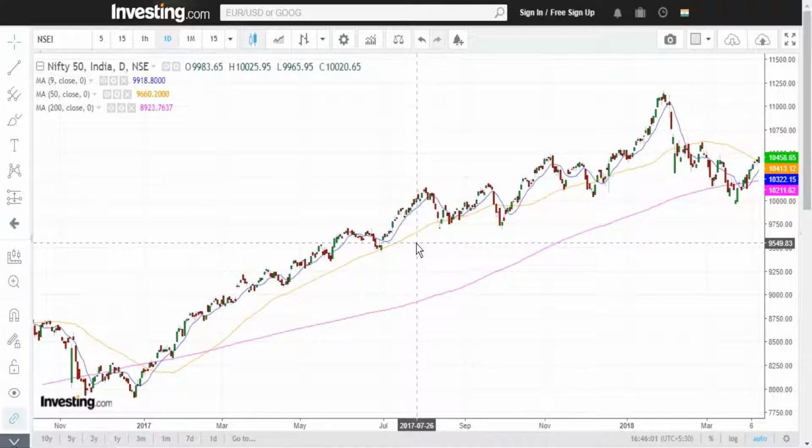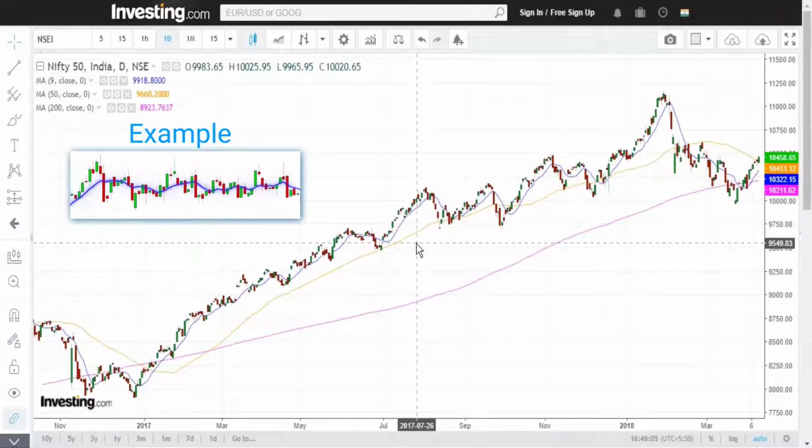But in a situation where these moving averages are more or less flat or slanting just slightly, then we are in all likelihood in a choppy market where price is going nowhere on a longer term basis and is fluctuating up and down.